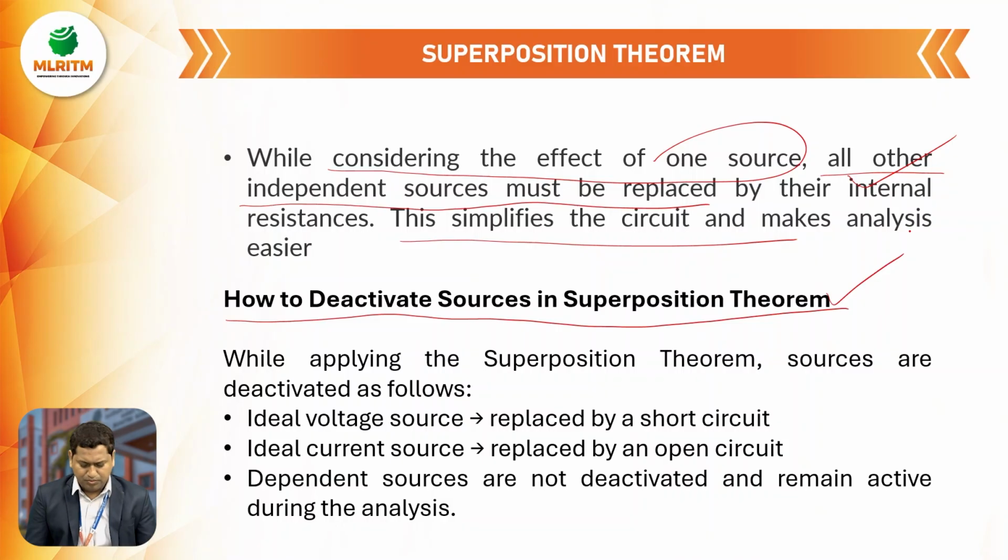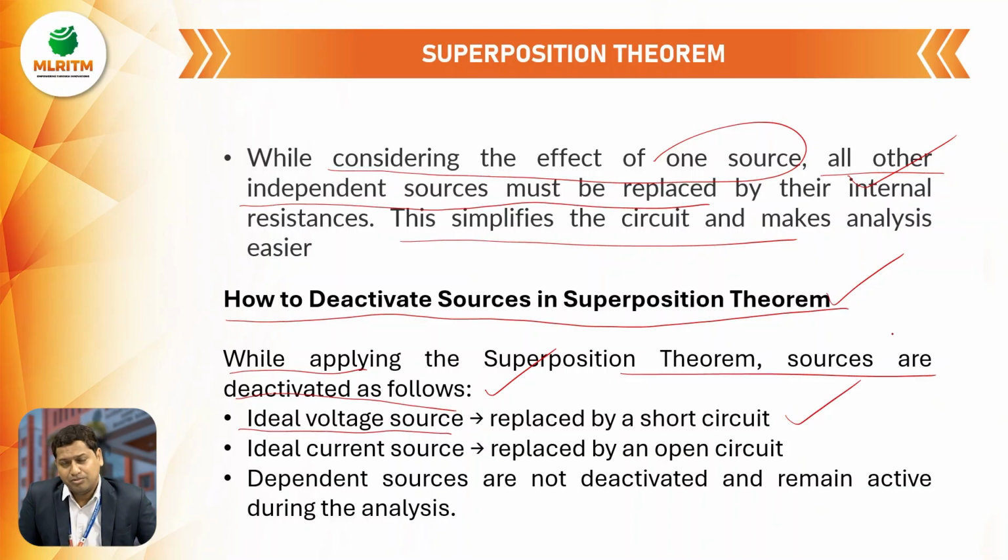So how do we deactivate sources in the superposition theorem? While applying the superposition theorem, the sources are deactivated as follows. The ideal voltage source is replaced by a short circuit. This is the most important thing while solving problems using the superposition theorem.